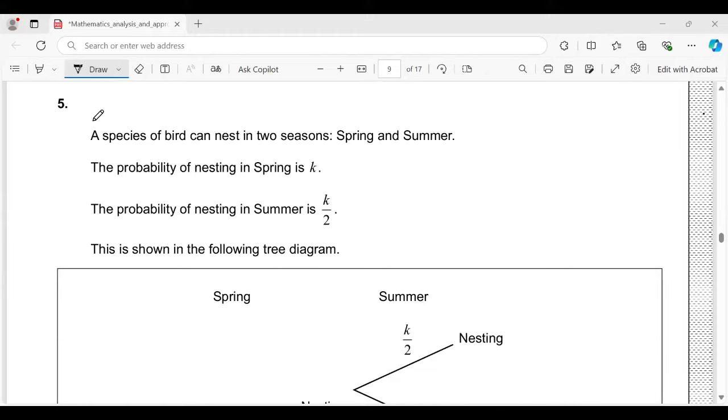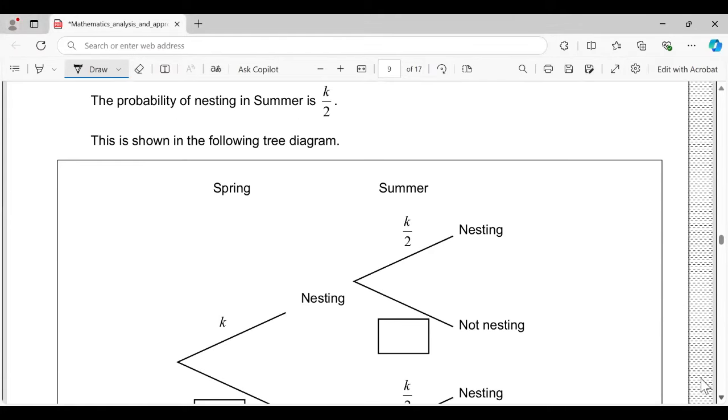Question 5. A species of bird can nest in 2 seasons, spring and summer. The probability of nesting in spring is k. The probability of nesting in summer is k over 2. This is shown in the following tree diagram.